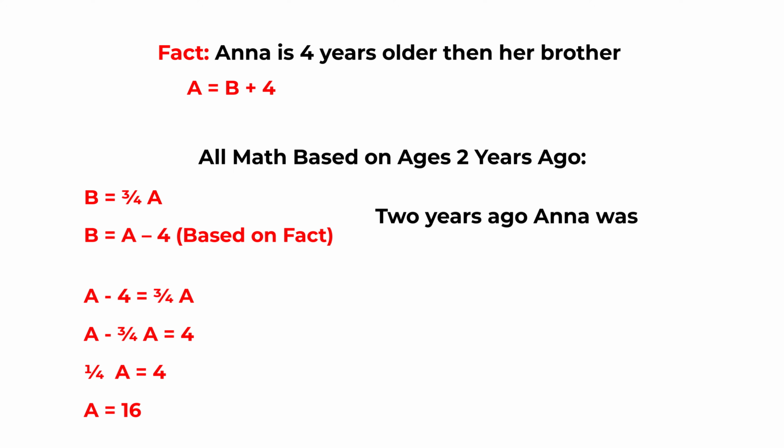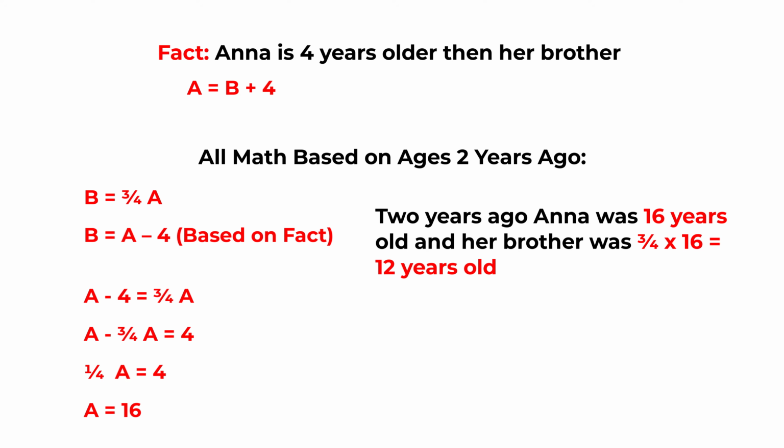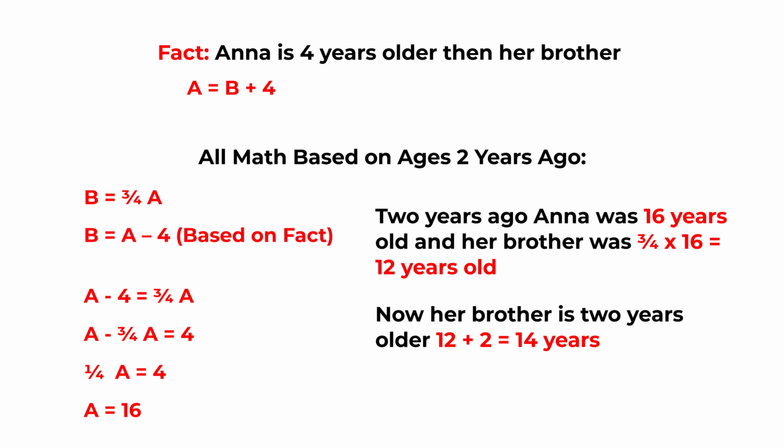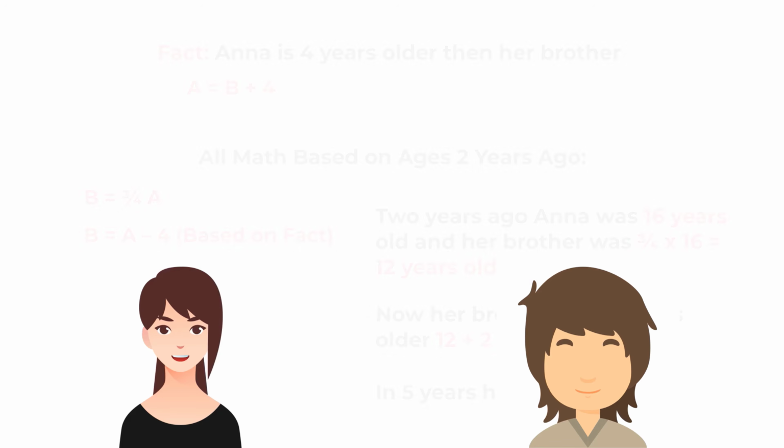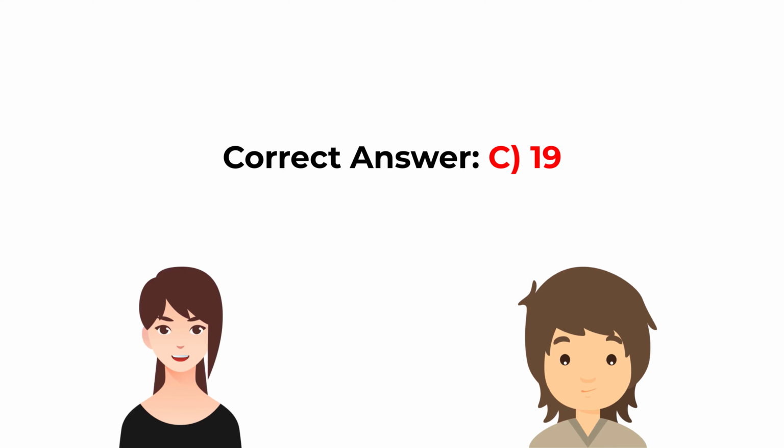So 2 years ago, Anna was 16 years old, and her brother was 3/4 of 16, 12 years old. Now Anna's brother is 2 years older, which is 12 plus 2, equals 14 years old, which means that in 5 years, Anna's brother will be 14 plus 5, 19 years old. So the correct answer here is choice C, 19 years old.